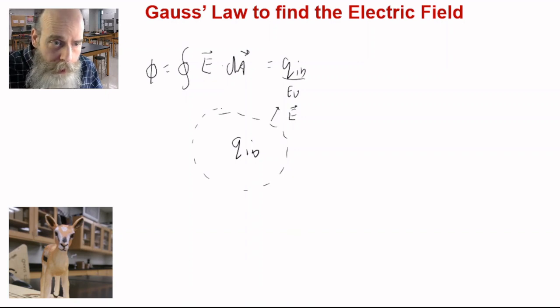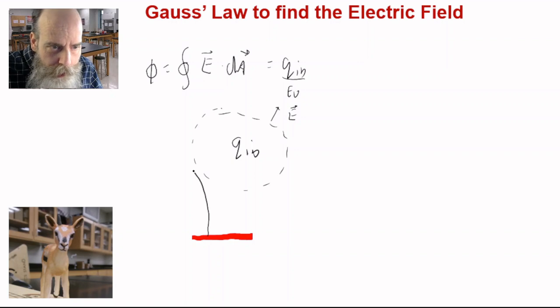For instance, let's consider our line of charge of length L. The electric field around this line of charge is perpendicular to the line of charge right at the line, but then it's going to curve.